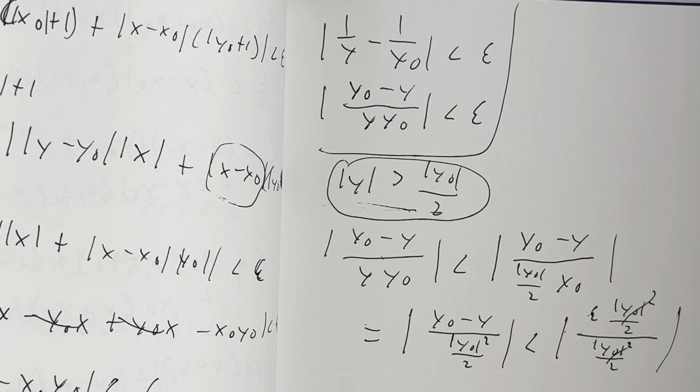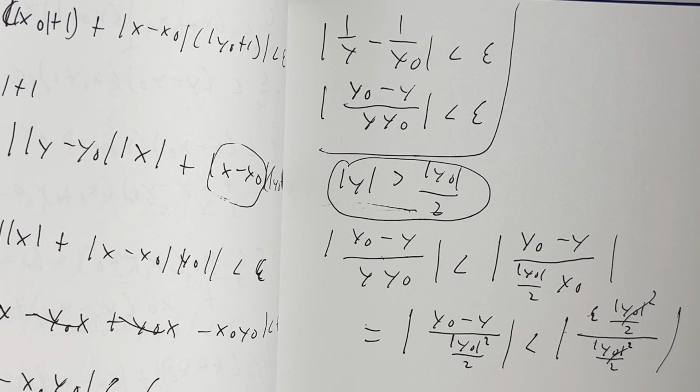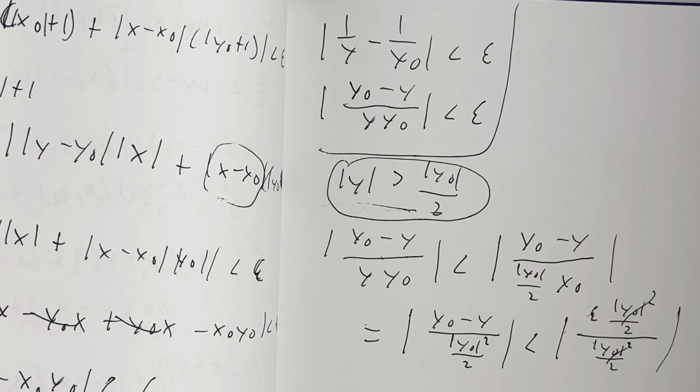So again, we just show that if y and y0 are close, then 1 over y and 1 over y0 are also quite close.